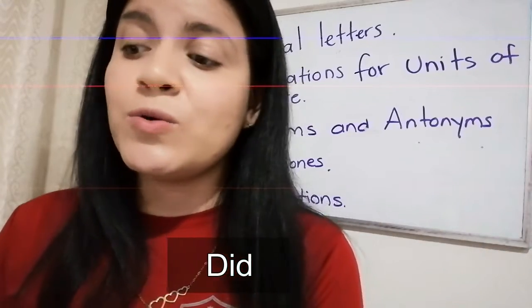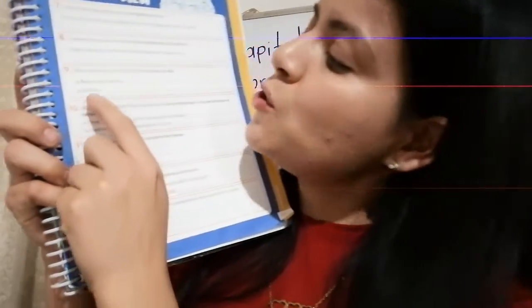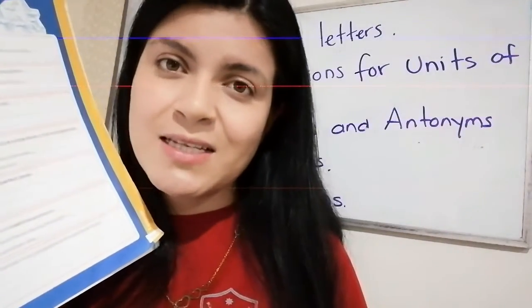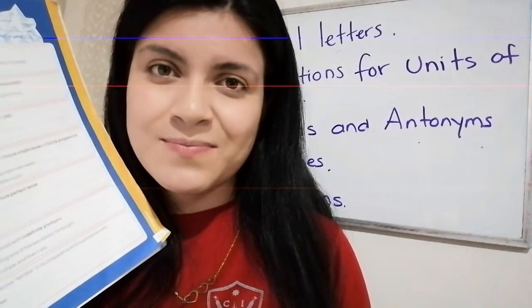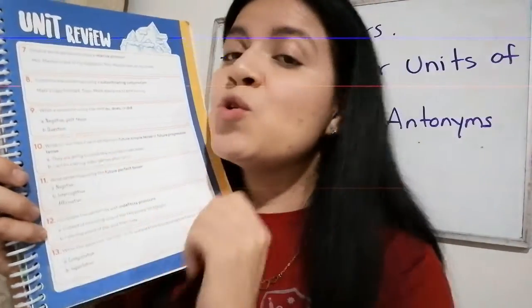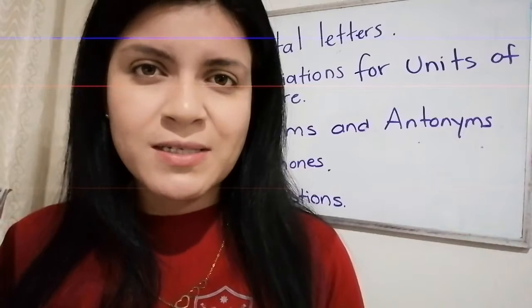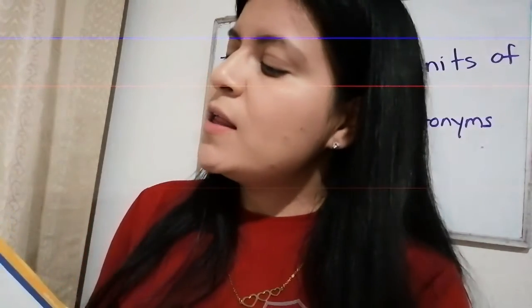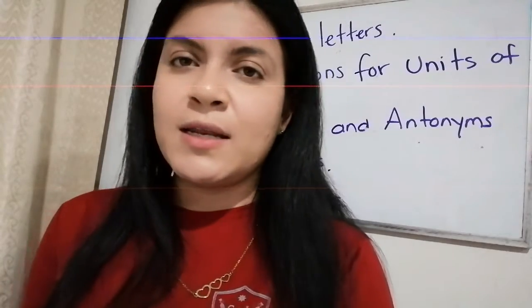Now, here what you have to do is to write a negative sentence in past tense. Yes? And to write a question, it can be in present tense or in past tense. You decide. Now, let's continue with the next topic.